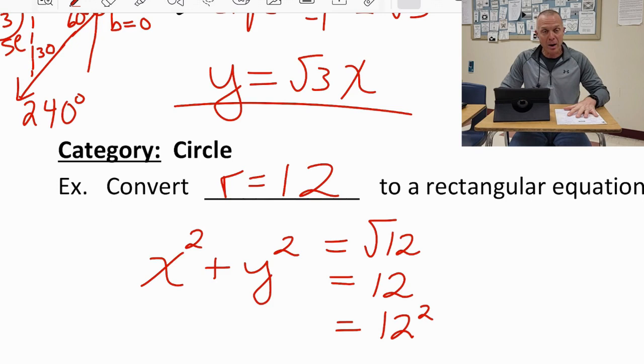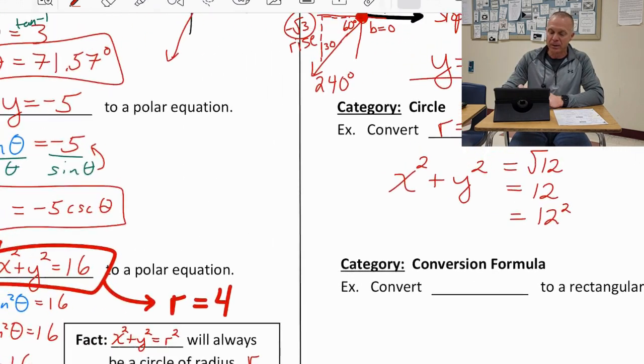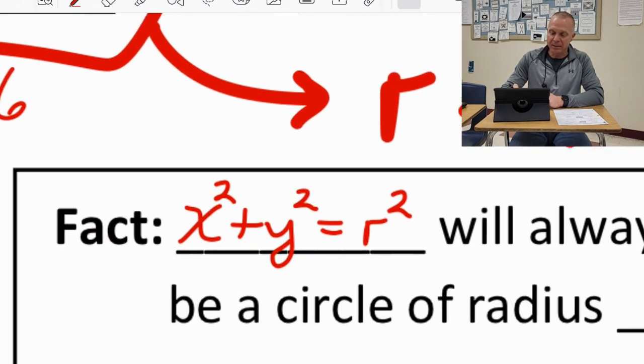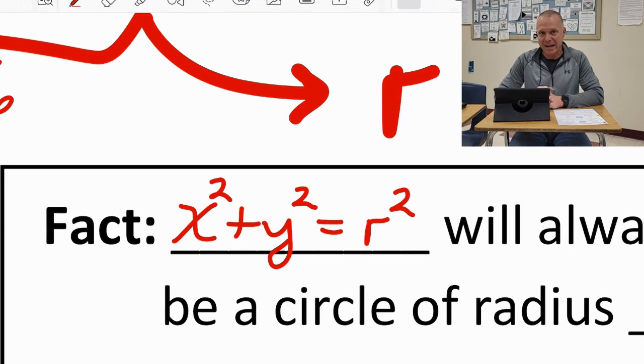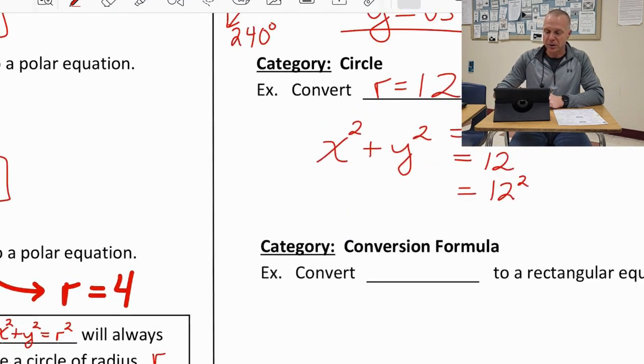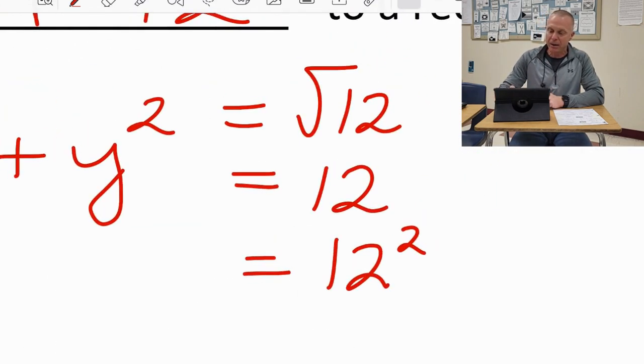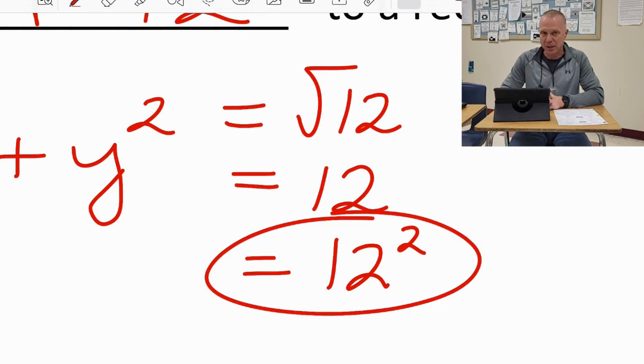It's definitely x squared plus y squared. But is it going to equal, well, you just got to believe it's going to equal the radius squared. So if I think about it, the radius squared would have to be my third option here, represented by 12 squared.